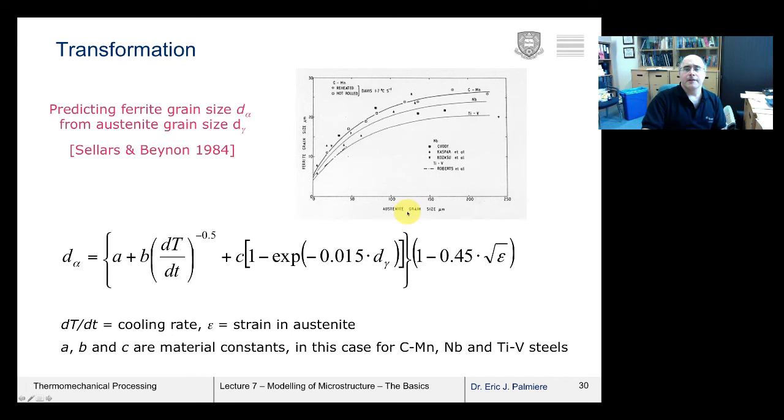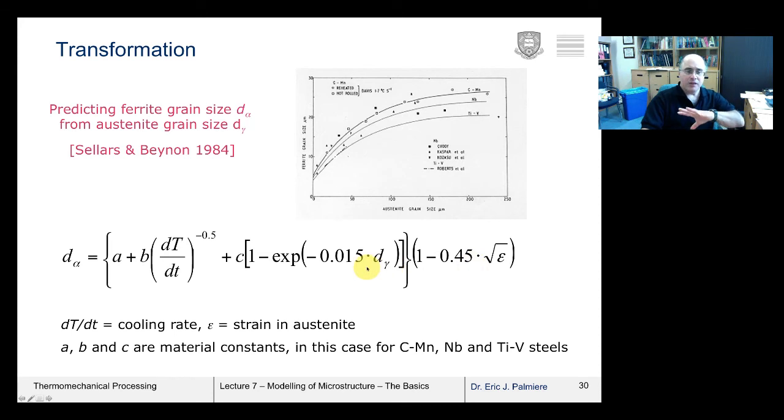And so we can see this functional dependency, and if we fit a semi-empirical equation to this, then we have an equation of the following form, and this comes from my colleagues Mike Sellers and John Bynon, where the final ferrite grain size is going to be a function of some unknown constants like A, B, C, but also a function of some known parameters such as the cooling rate, so dT/dt represents the cooling rate, the initial grain size of the austenite, and the amount of strain that would have been put into the austenite prior to transformation.